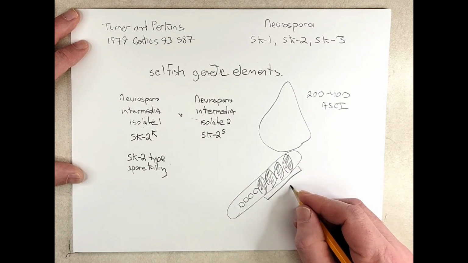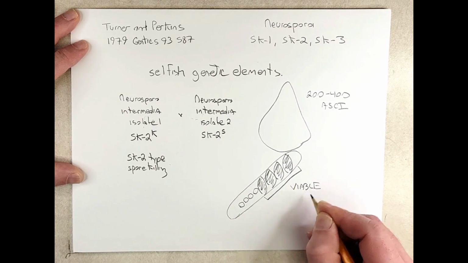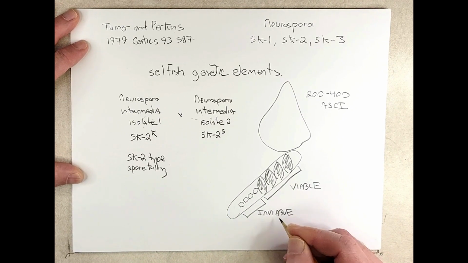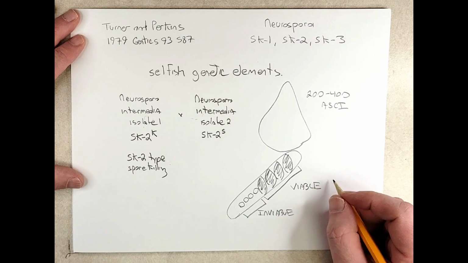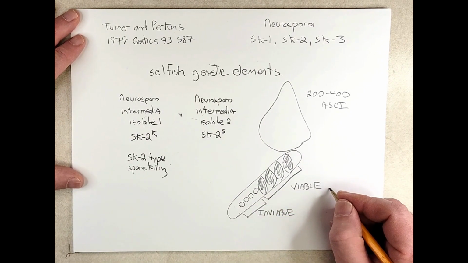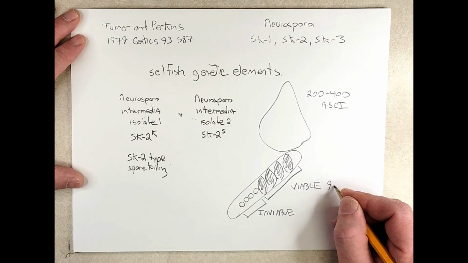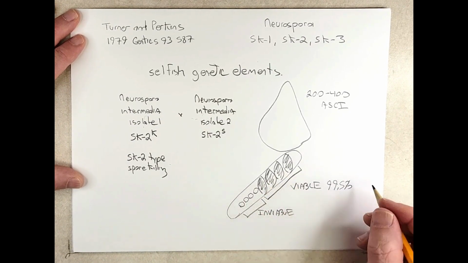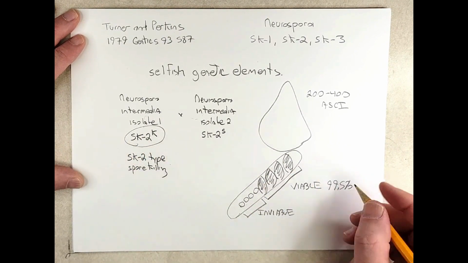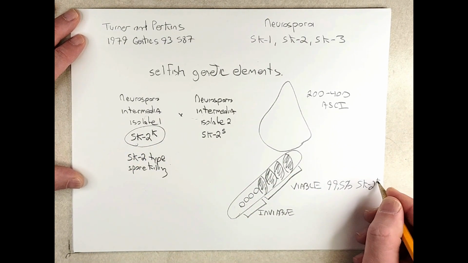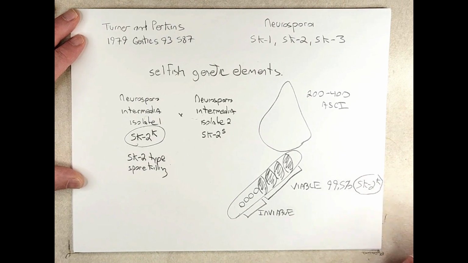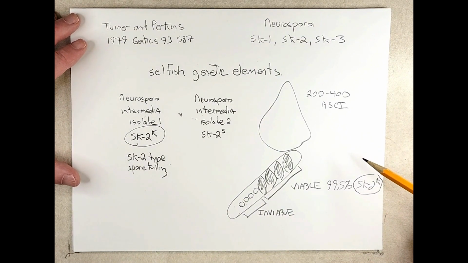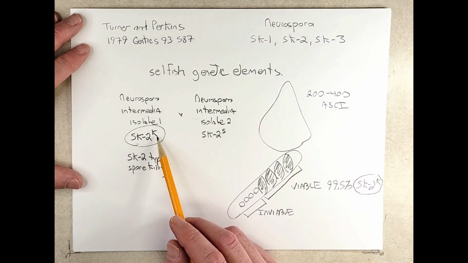We consider these viable, these inviable, and nearly all of the time, let's say this is a very efficient spore killing process, 99.5% or more of the time, these ascospores have the SK2K genotype.